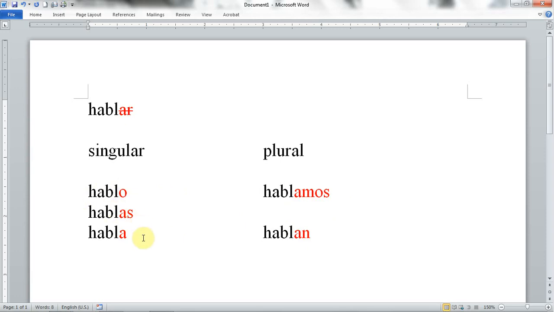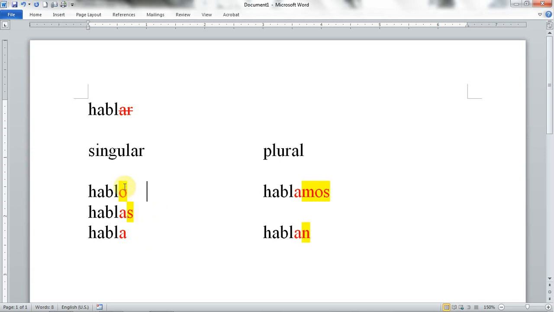Then another thing you should notice is the S here, the mos here, the N here, and usually this one. Okay.